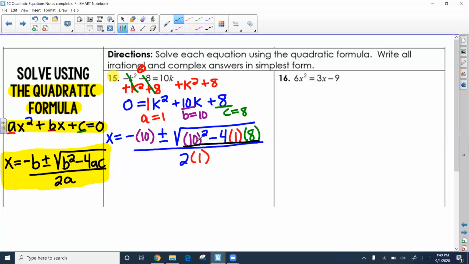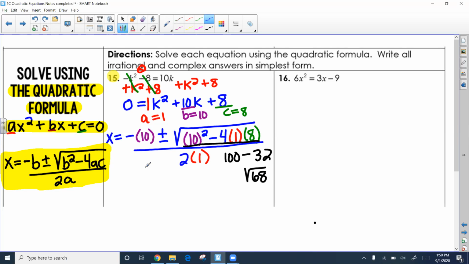So right here, 10 squared is 100. So this is the part inside the radical, minus 4 times 1 times 8. 4 times 1 is 4, times 8 is 32. Okay, so under the radical, 100 minus 32 would be a 68 under the radical. Okay, so now I'm going to rewrite this.